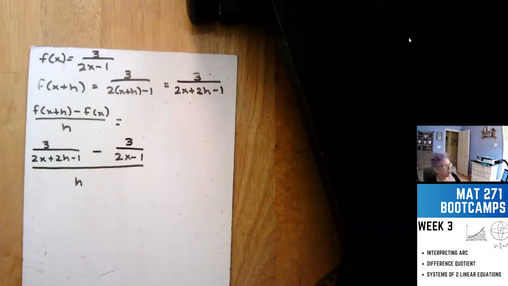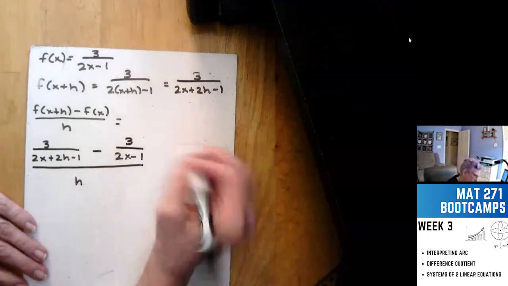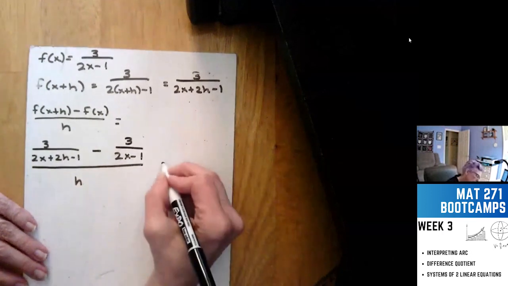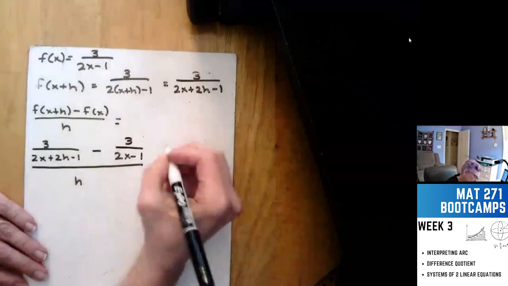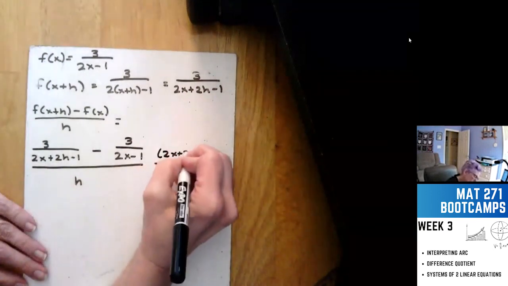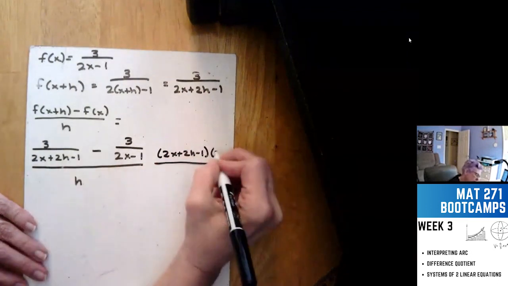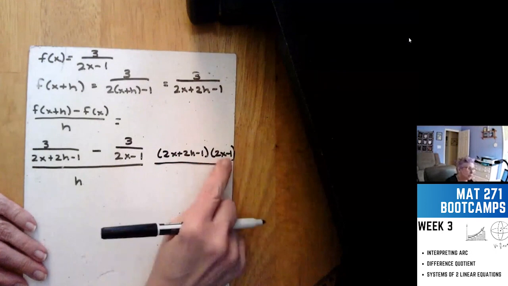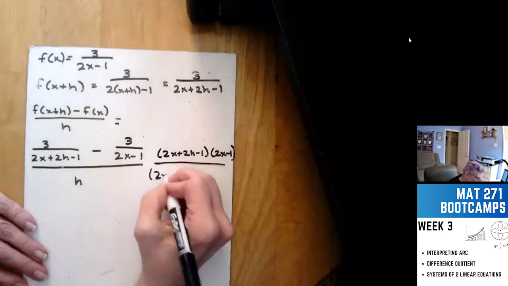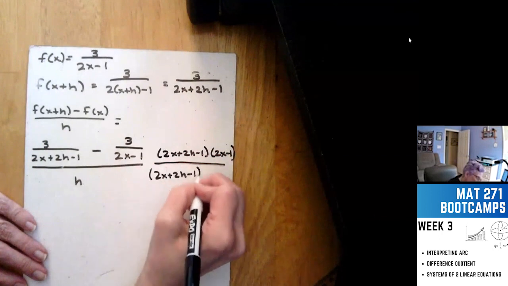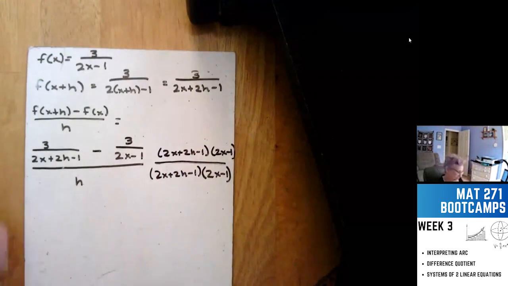That's fractions over fractions, and that's just too much fractioning for anyone to deal with. So I multiply by least common denominator over least common denominator. The least common denominator has to have 2x plus 2h minus 1 in it to cancel away with that. It has to have 2x minus 1 in it to cancel away with that. And if I multiply on top, I have to multiply on bottom so that I haven't changed anything.